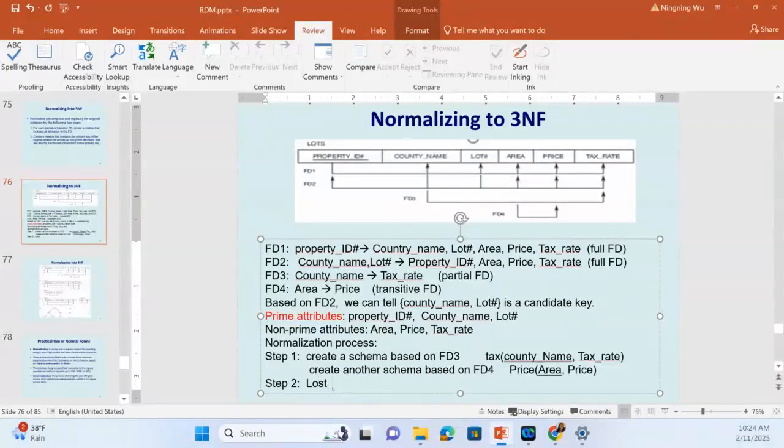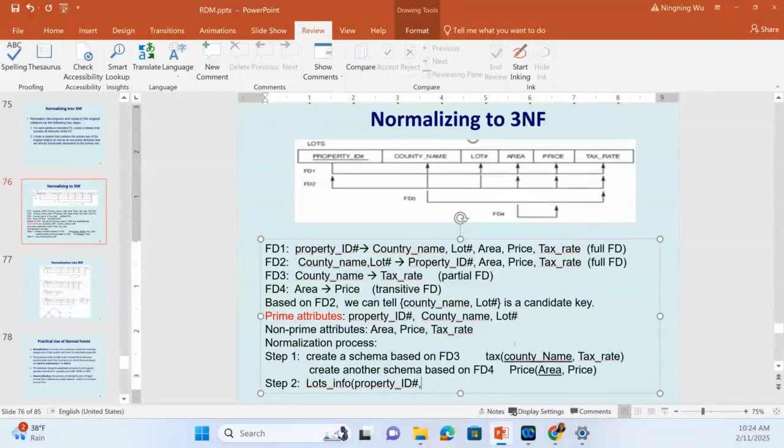Then step 2, we need to create a schema. So we have lots, for example. Maybe I call it lots info. How about that? Now what we're going to include in this table is the primary key of the original table, that will be the property ID number. Then how do we determine the other attributes?